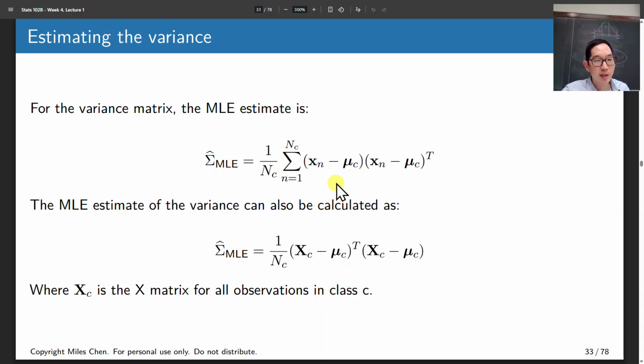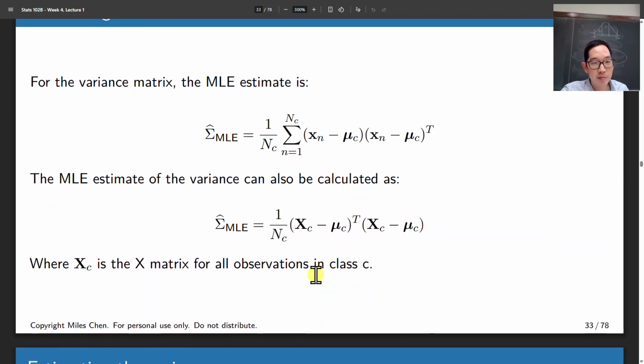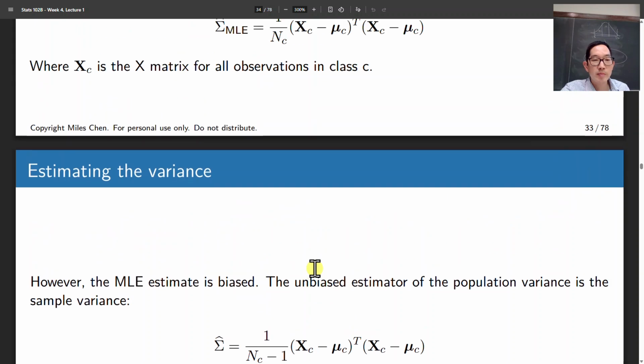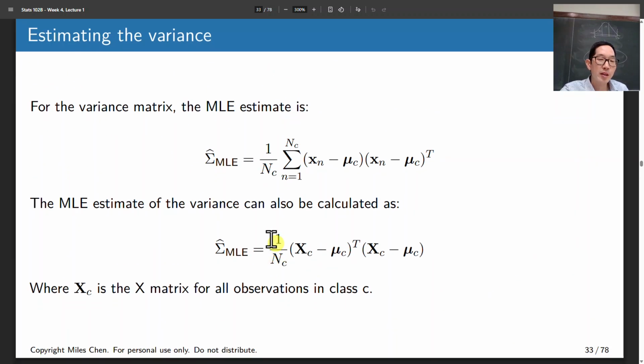You can do it for each individual observation and add them all up. You can also do it quickly by taking the entire matrix and doing this minus this transpose. So the MLE is the average square difference.